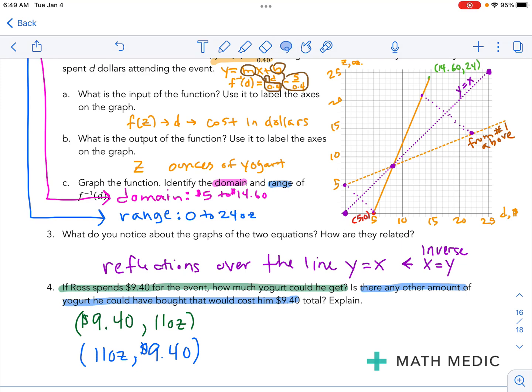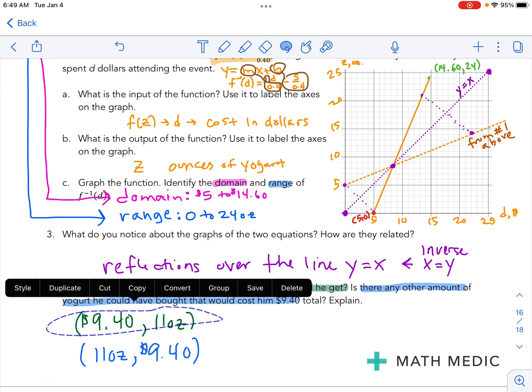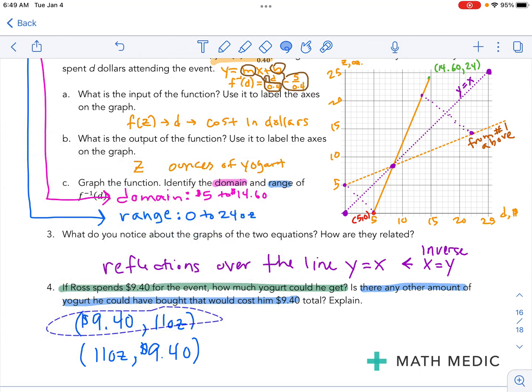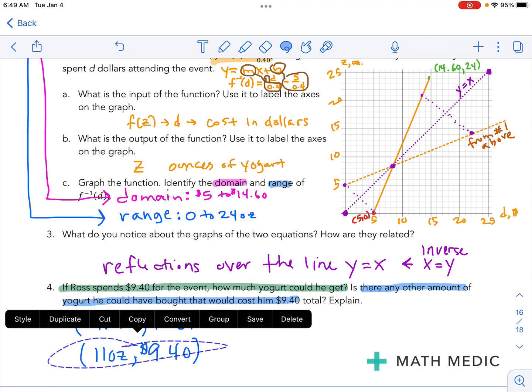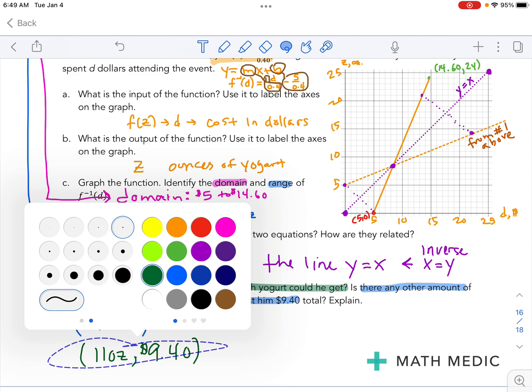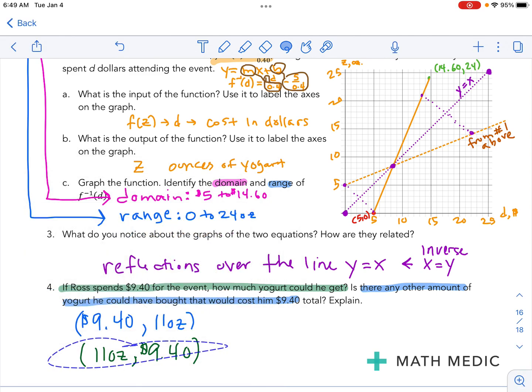So it's really getting at, actually I think I swapped the colors there. Let me make this blue and this green. There we go. If Ross spends $9.40 for the event, how much yogurt could he get? That's the input and the output.